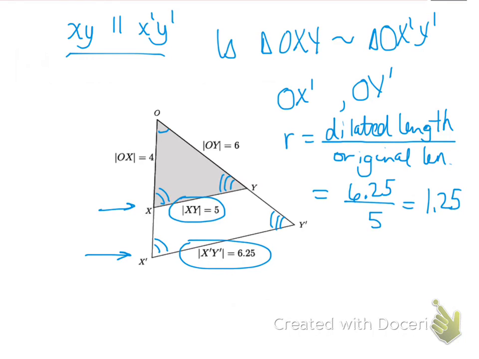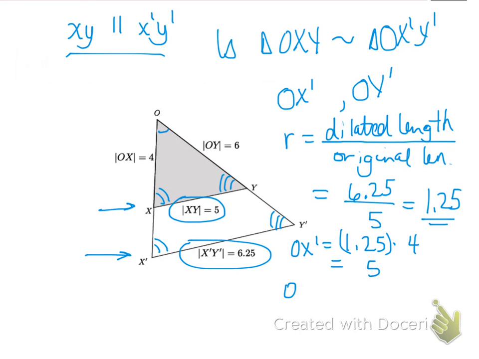Okay, so now I want to use this scale factor to find those missing lengths. So OX prime would be the scale factor times length OX, which is 4. 1.25 times 4 is 5 units.